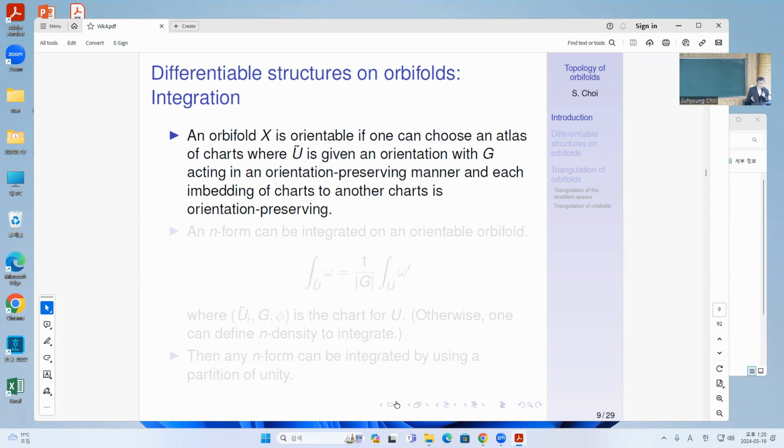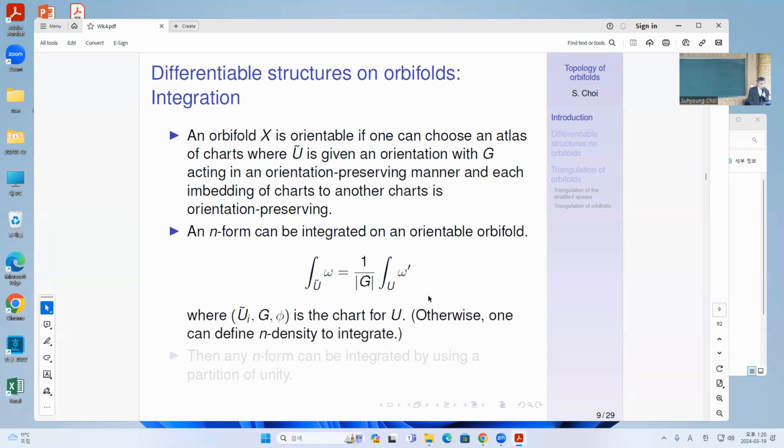So you'll have to exclude some things which don't preserve the orientation. So it will not be the original maximal smooth atlas, but it will be smaller actually. But you can still obtain a maximal atlas like this, which is always orientation preserving. So any n form also can be integrated on an oriented orbifold.